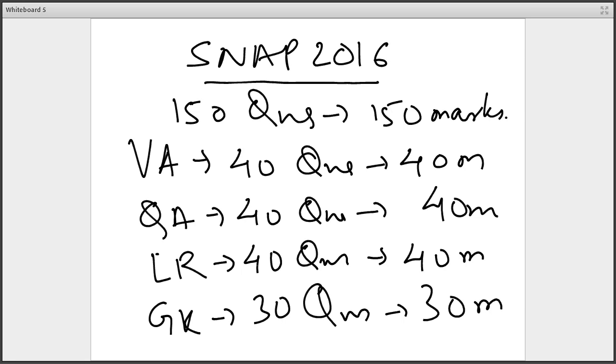Among other areas which could come in the verbal part as per the past trends are fill in the blanks and analogies. Now fill in the blanks is nothing but your vocabulary only.